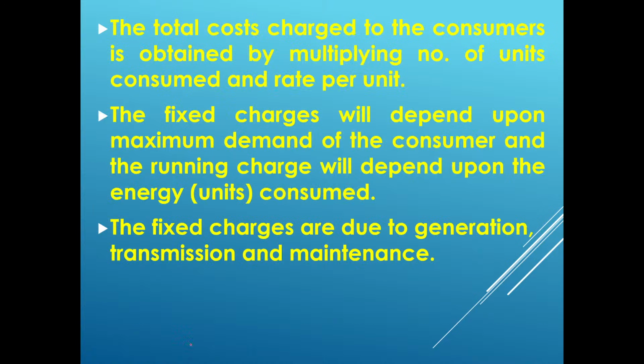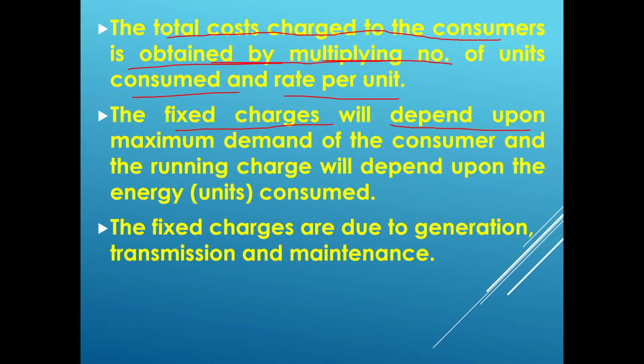Now the total cost charged to the consumers is obtained by simply multiplying the number of units consumed and the rate per unit. That we have already done in the previous example that I have shown you. That's what we usually do. Now the fixed charges will depend upon the maximum demand of the consumer, and the running charge will depend upon the energy consumed.